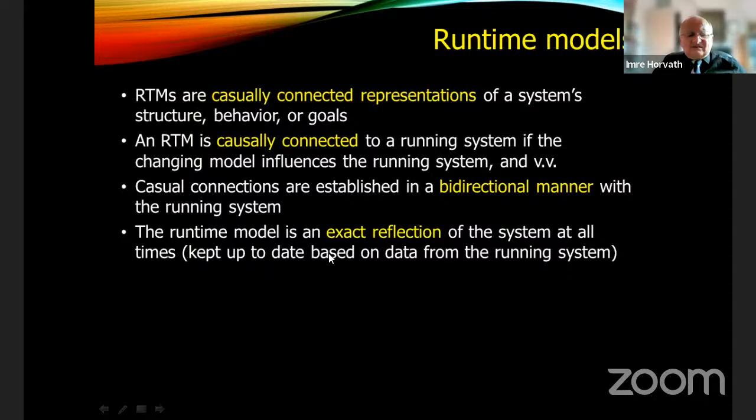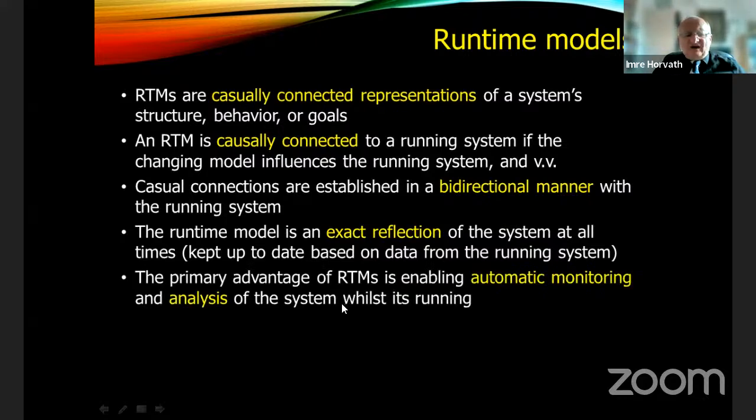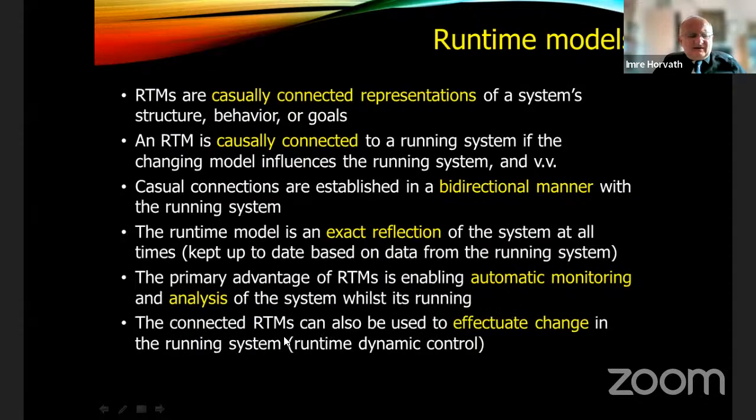The runtime model is an exact reflection of the system at all times, kept up to date based on the data from the running system, and obviously here the sensors and sensor networks play a crucial role in providing the momentary information for the modeling purpose. The primary advantage of runtime models is that they enable automatic monitoring and analysis of the system while it is running.